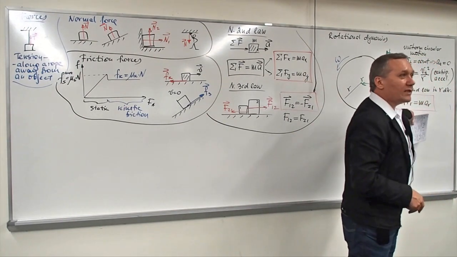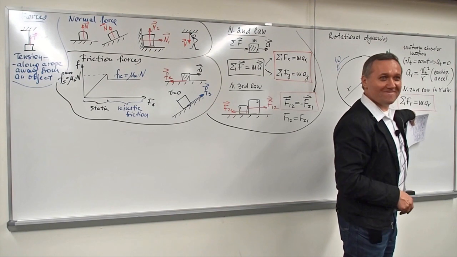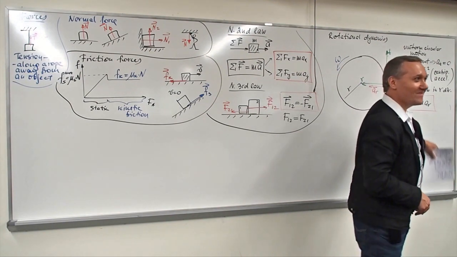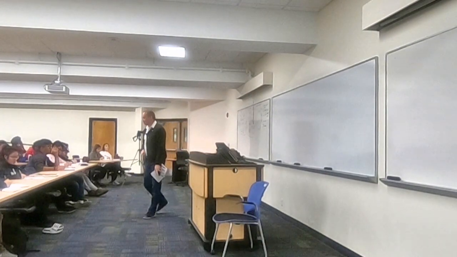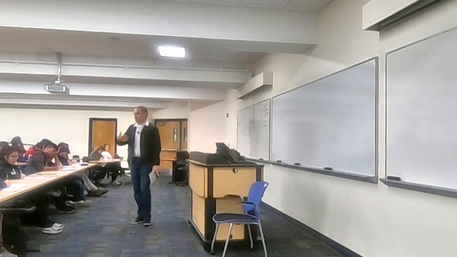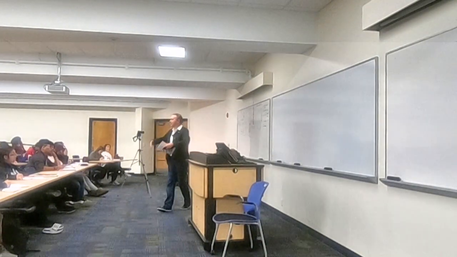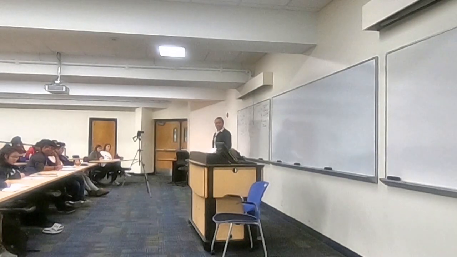What is the direction of this net force? All the time, it must be towards the center, right? Because if centripetal acceleration is towards the center, then the net force which produces that centripetal acceleration must also be towards the center, because mass is positive.